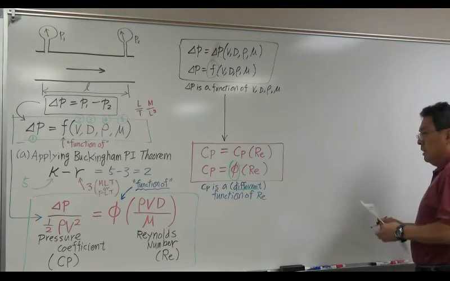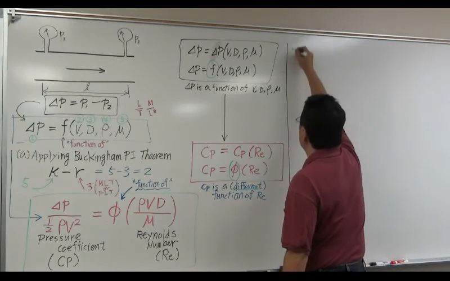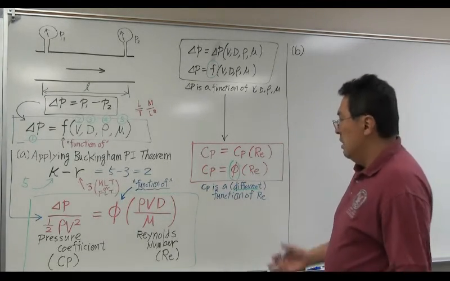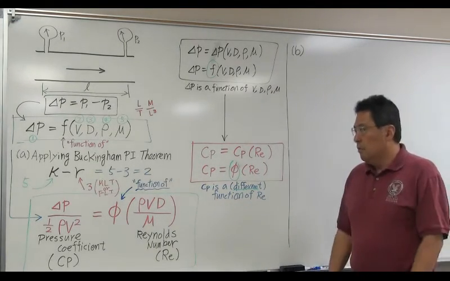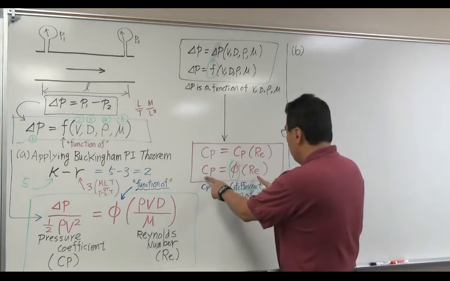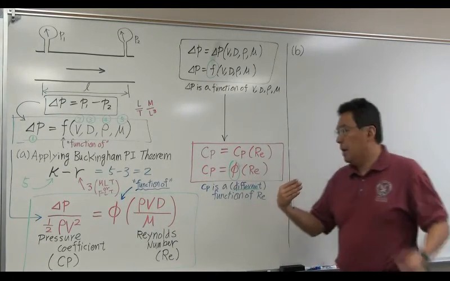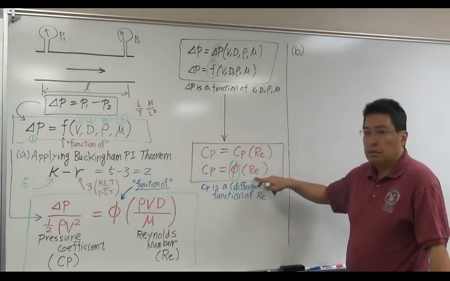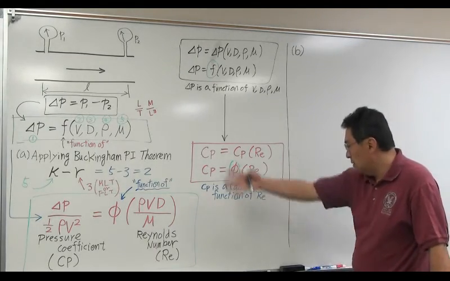So I guess let's move on to part B. Part B is the reason why we conduct experiments. We want to find out exactly what this relationship is. You are basically telling me that Cp, pressure coefficient, depends on Reynolds number. So that means Cp is some kind of function of Reynolds number.